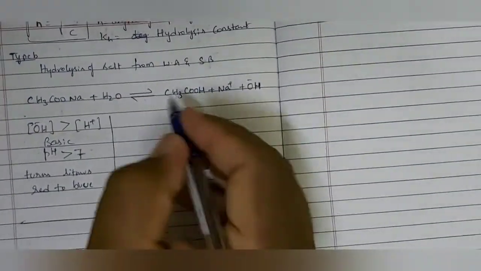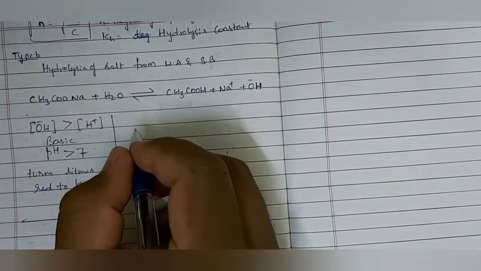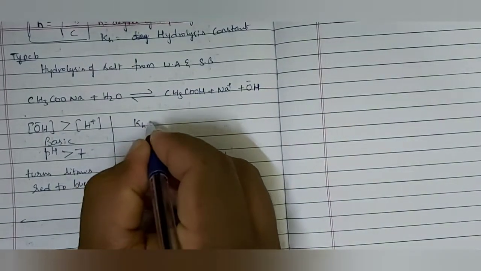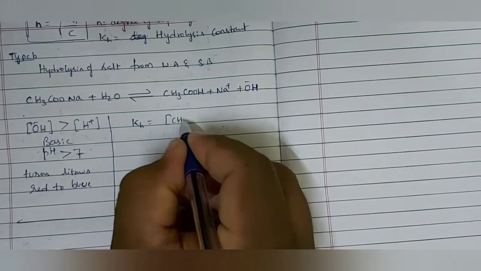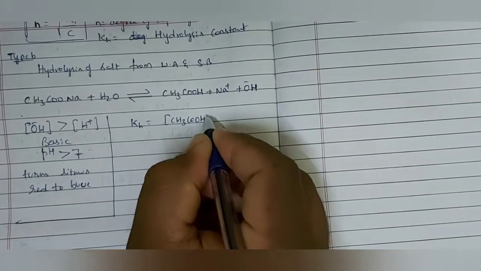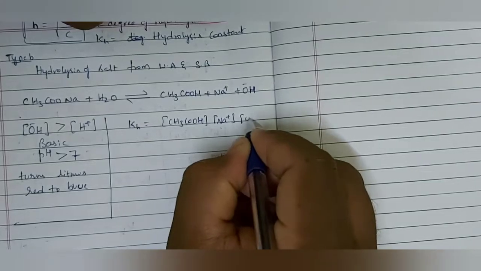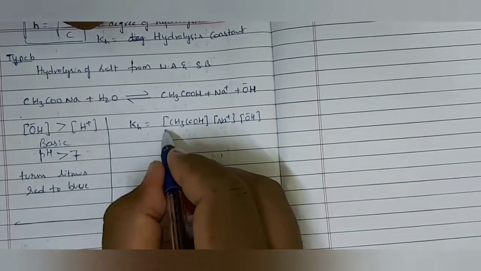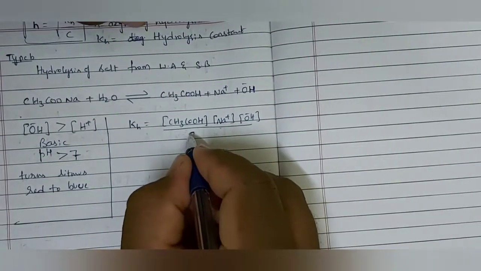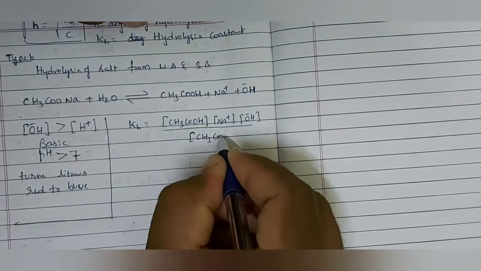Okay, now apply equilibrium constant. Like that we can apply, but directly I am writing here. Kh is equal to concentration of CH3COOH into concentration of Na plus into concentration of OH minus divided by concentration of CH3COONa.